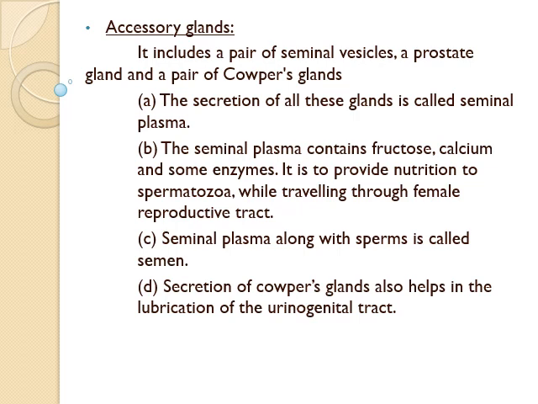Then, the secretion of all these glands is called seminal plasma. Seminal plasma along with the sperms is called semen. Secretion of bulbourethral glands also helps in the lubrication of the urinogenital tract. Already you have learned that the male reproductive system is considered as a urinogenital system.